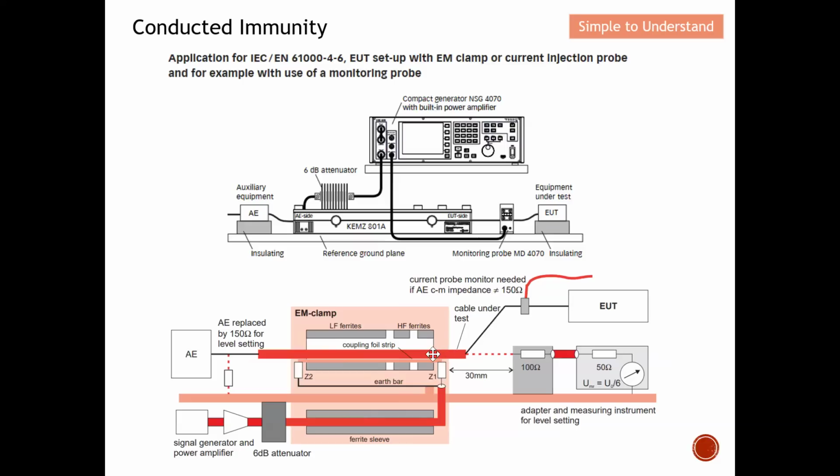Very little amount of EM wave is supposed to reach the auxiliary, because this part we are not testing. We are only testing our EUT. So we need to ensure this part here. Most of the case, the EM wave is actually very directive. It actually will focus on a specific direction, which is towards the EUT. So basically this is how we do this EM clamp for this conducted immunity.